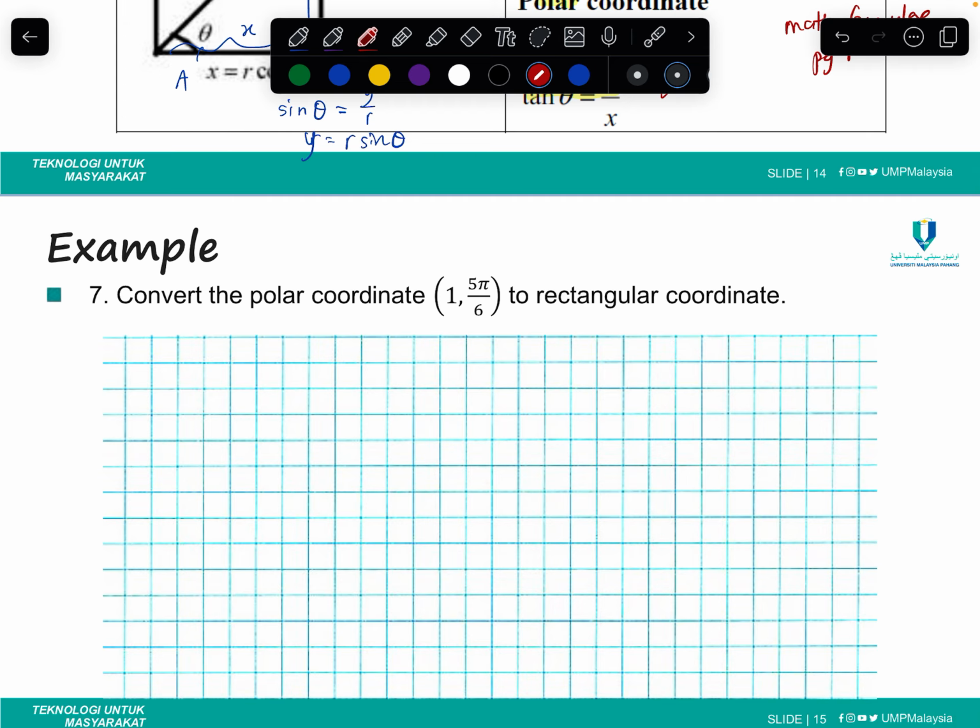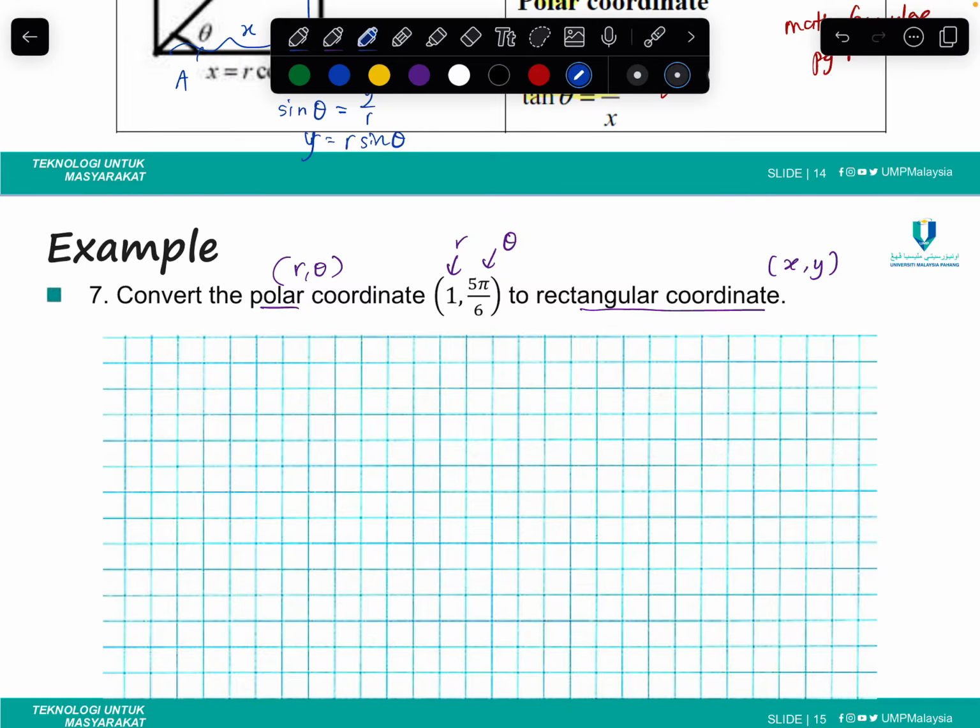Example 7, convert the polar coordinates to rectangular coordinates. So what we have here is polar, in the form of (r, theta). The first element is r, the second element is theta. And you have to find the rectangular coordinates, which are in the format of (x, y).